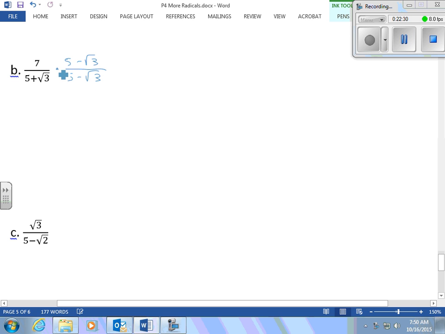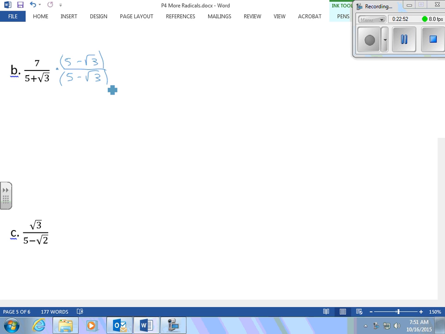So keep in mind that we're not changing the value of this radical because we're multiplying it by 1. 5 minus root 3 over 5 minus root 3 is 1, okay? But I'm choosing a very special value for 1 that allows me to rationalize that denominator, okay?